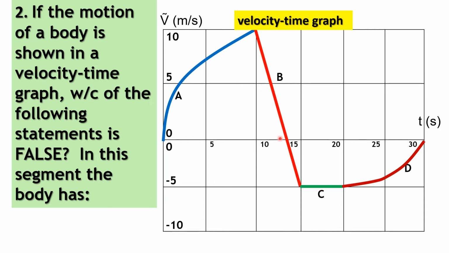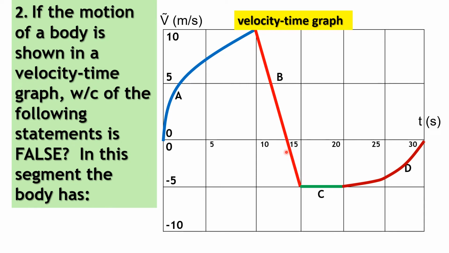So that's obviously an increase in the magnitude of the velocity within a time of what? 2 seconds. In other words, we can safely say that the body is speeding up, right? Speeding up from 0 meters per second up to 5 meters per second.